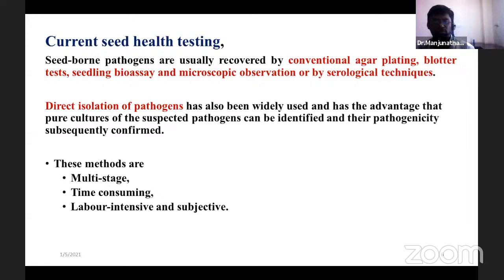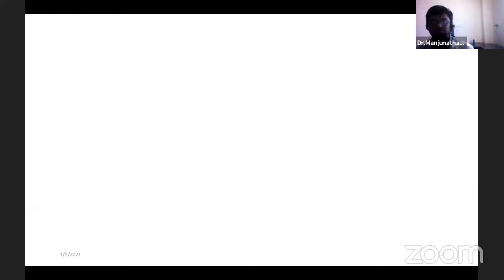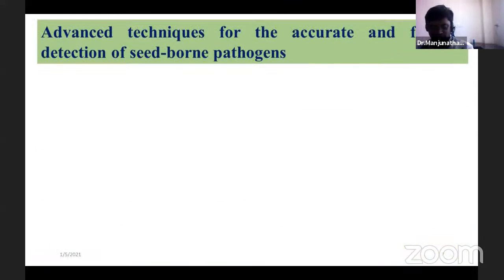They consume more time. They are labor intensive and subjective. In this regard, seed testing has undergone significant changes since 1957 when ISTA established the seed health committee.